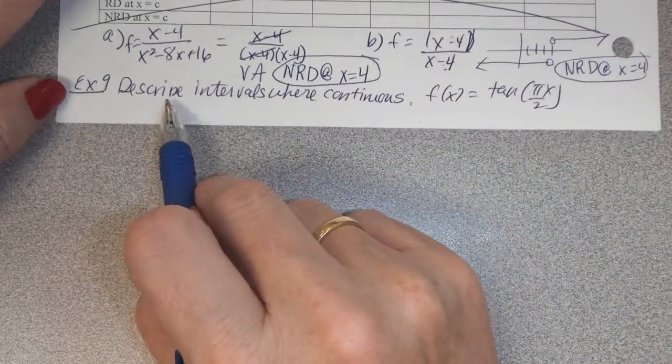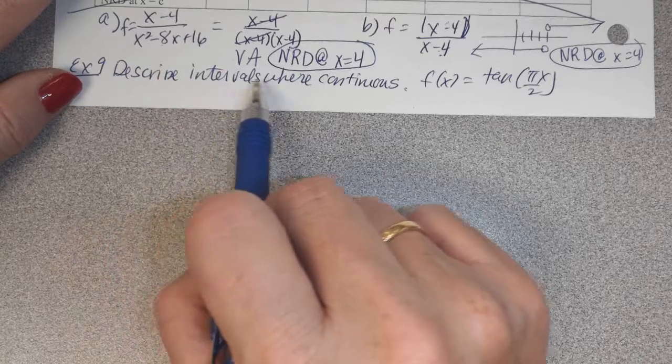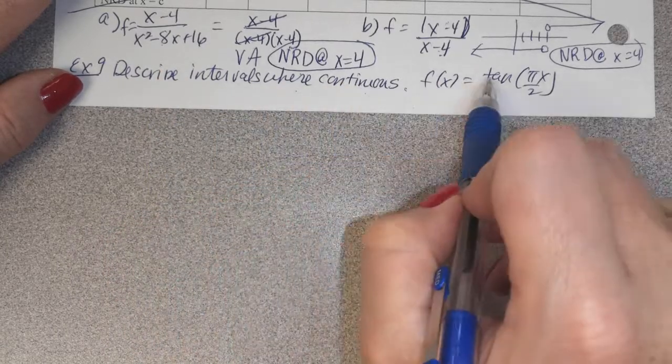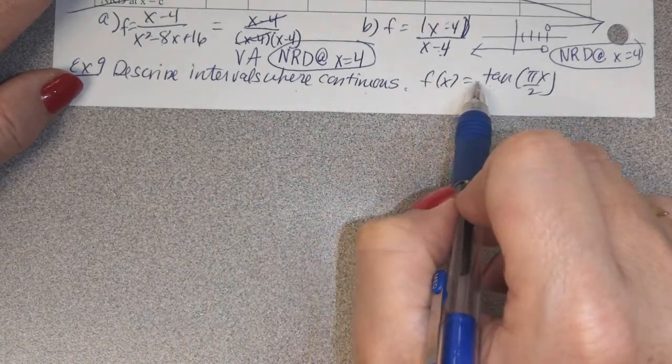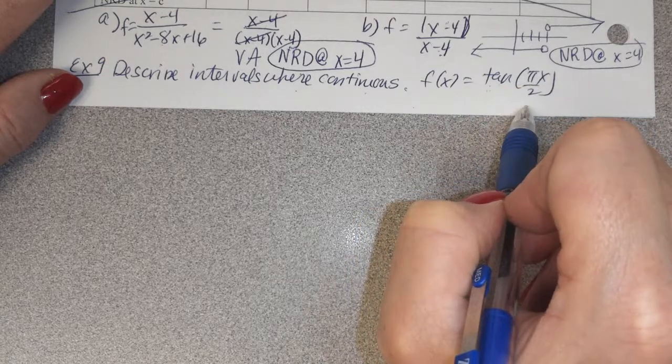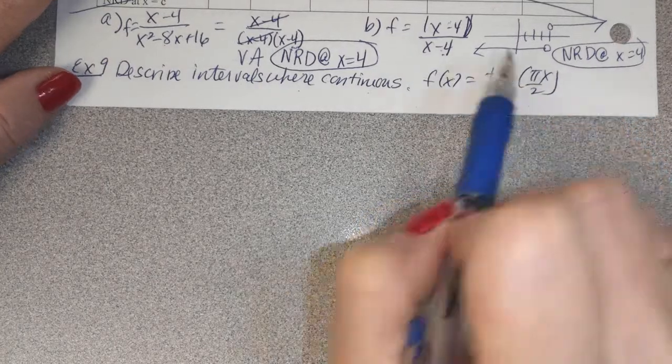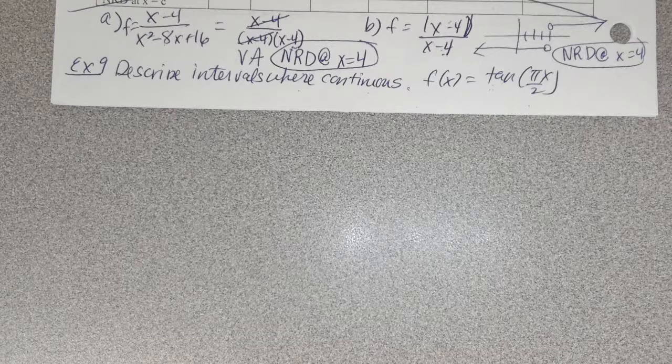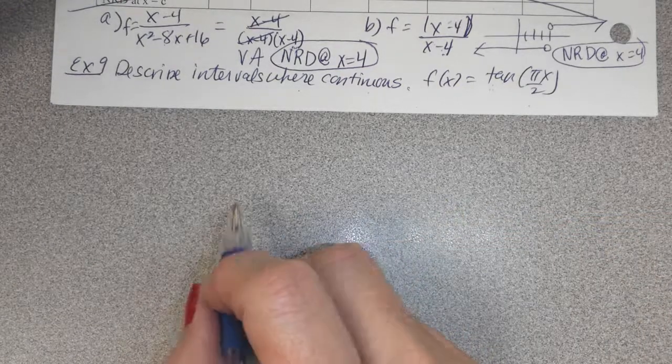All right. Last thing you're going to have to do is describe the intervals where this function is continuous. And the function is tangent of pi x over 2. Do you guys know what the period is for tangent normally? It's normally pi, yeah. For sine, cosine, secant, cosecant, the period is 2 pi.